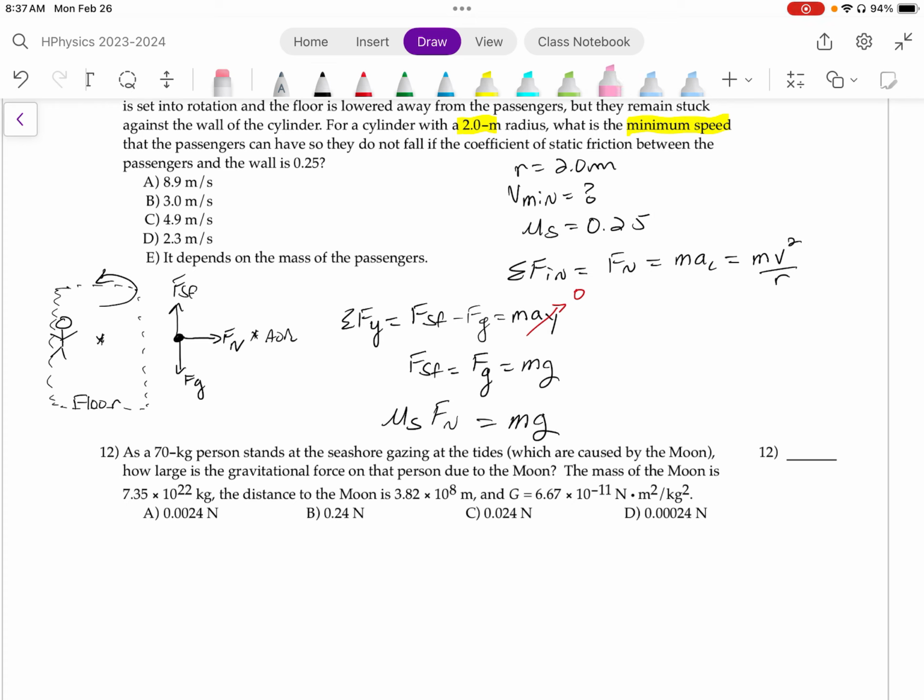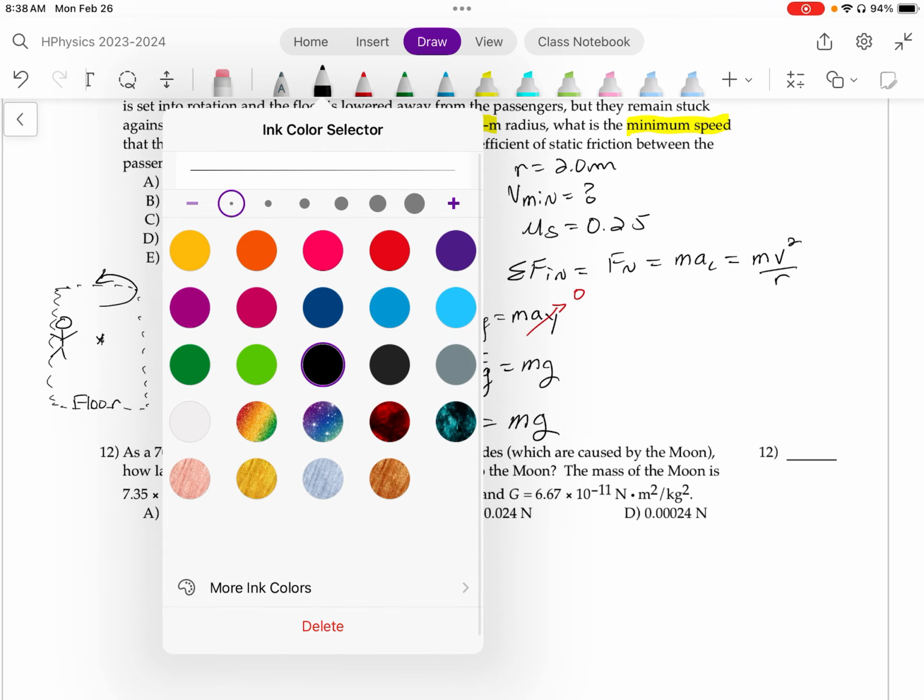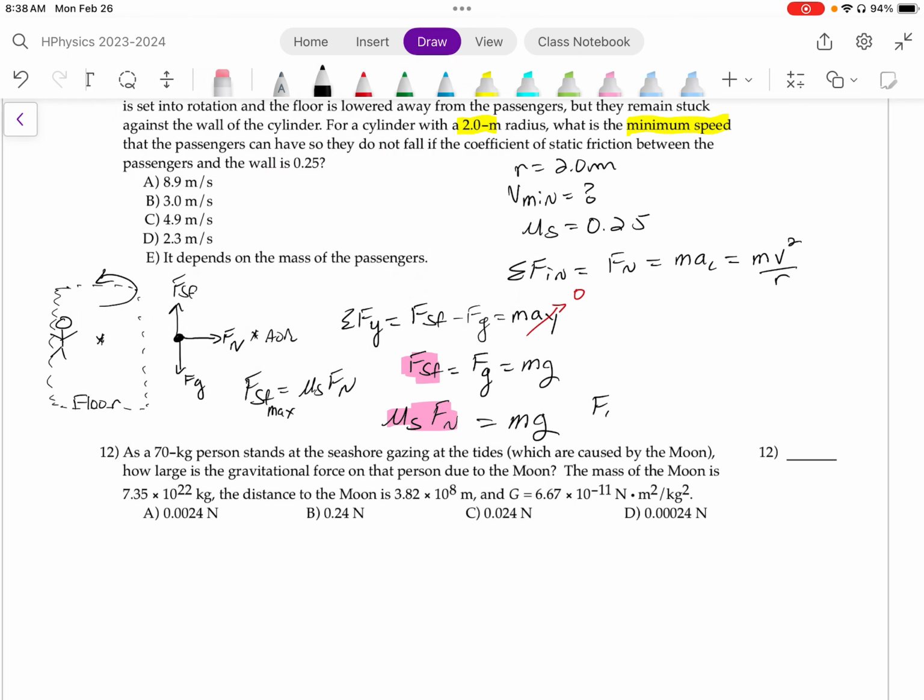What did I do? I plugged in the definition of static friction. If I'm just about to slip, then I'm at my max static friction, which is mu s force normal. Now, I will solve for force normal in this equation. This is all from the y direction, and it will equal mg divided by mu sub s.